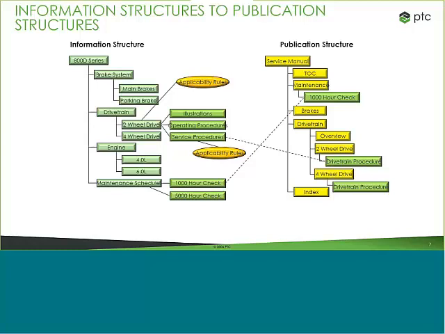And similarly, maybe some of the information doesn't need to be included in this publication structure. For instance, if it was not a service manual, it wouldn't be appropriate to include a maintenance schedule in there. And the author can decide the appropriate structure for that publication and then the appropriate content to include in the publication.